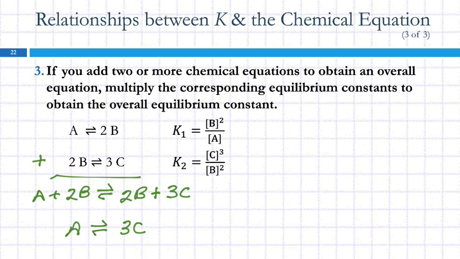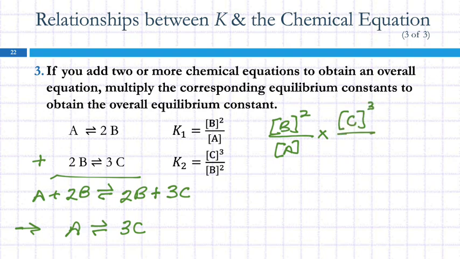So to find the equilibrium constant for this one, we're going to take those equilibrium constants and multiply them. We have B squared over A times C cubed over B squared. And the B squareds cancel out.